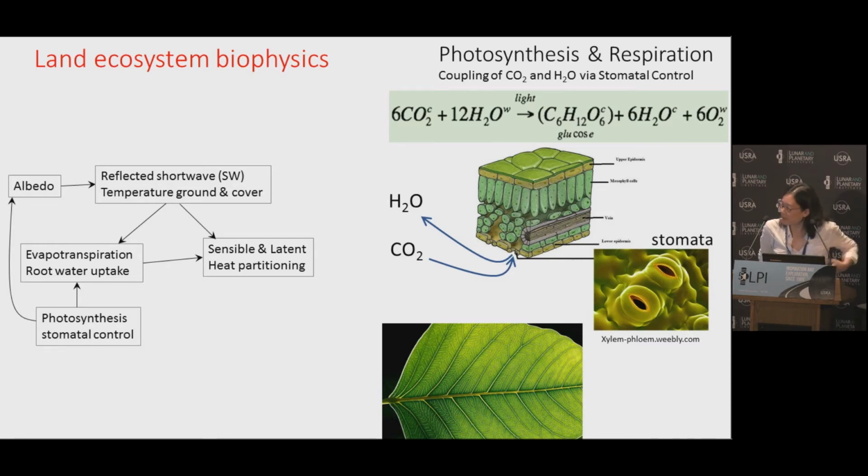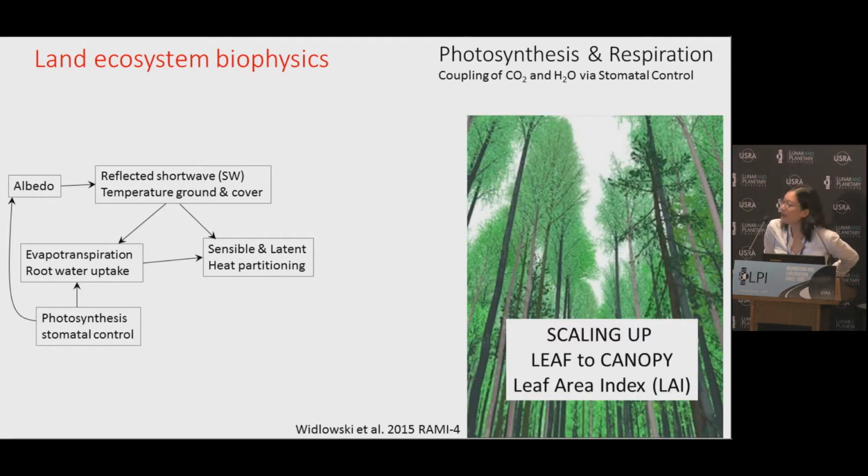There's interception and water uptake, but photosynthesis also actively controls the fluxes of water vapor through coupling with uptake of CO2 through pores in the leaf. These pores open and close to regulate the uptake of CO2 and mitigate the loss of water vapor. When all those leaves scale up to the canopy scale, combined with respiration fluxes, then you have your net flux of CO2 and water vapor to the atmosphere.